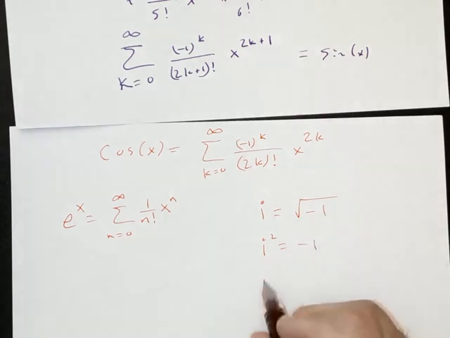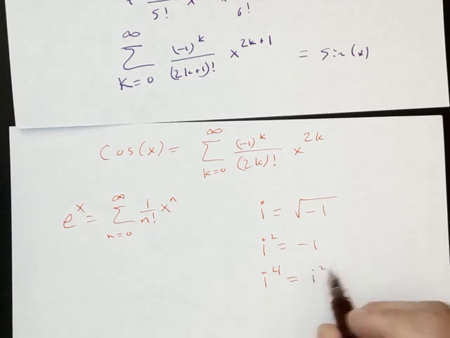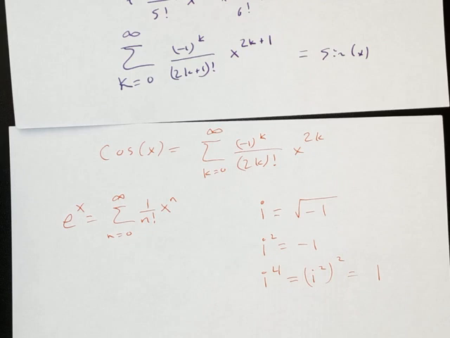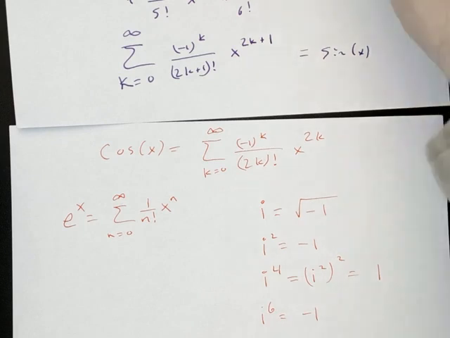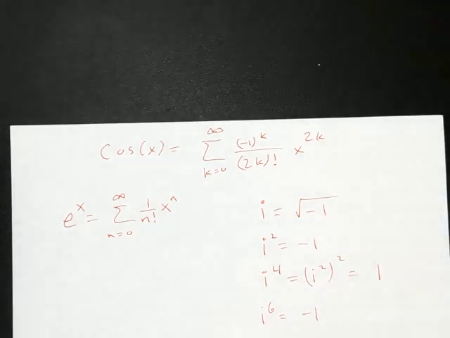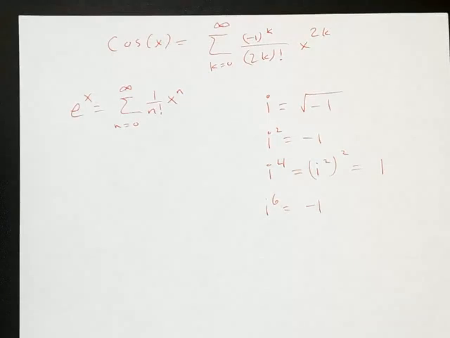Negative 1. What's i to the 4th? The i squared, squared, wouldn't it? Negative 1 times negative 1. Wait a minute, that means that i to the 6th is negative 1, because it's i to the 4th times i squared. 1 times negative 1.